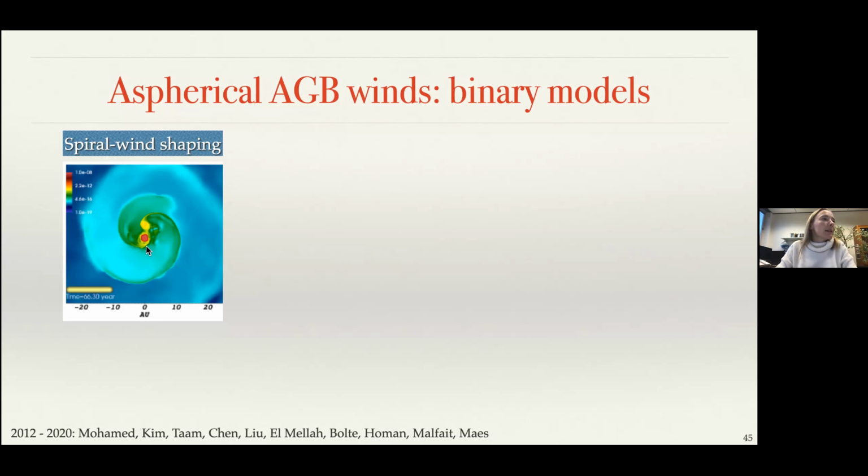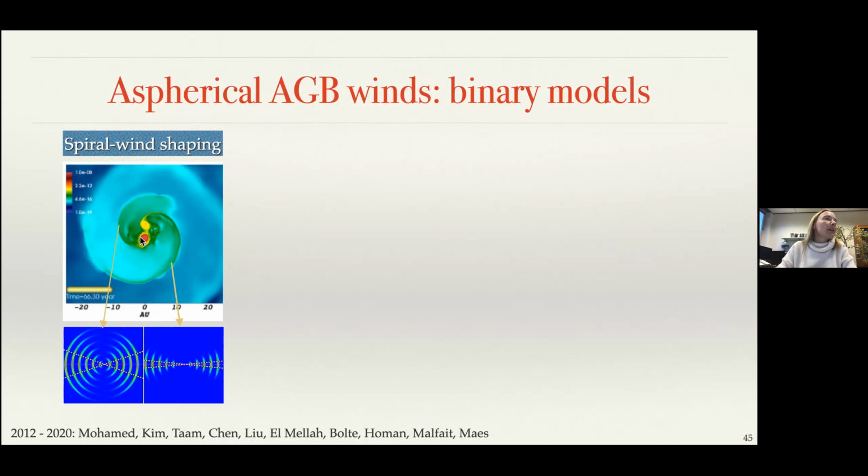So you see here, for instance, I have been talking about these two spirals. So you have here the spiral which is attached towards the secondary, which has a small height above the orbital plane. And you have here the spiral that comes from the wobbling of the main AGB star that has a quite substantial height above the orbital plane.